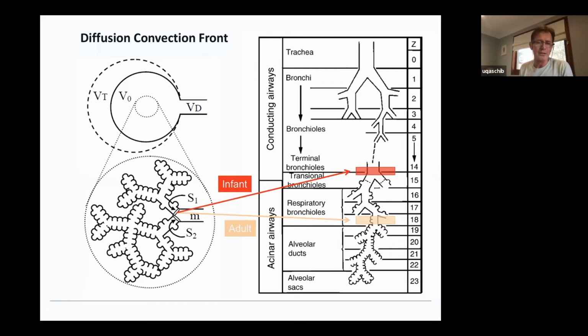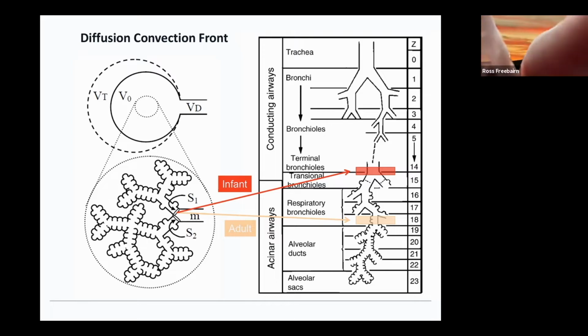So that's just a little summary of what I've been talking about: infants have a different location of that transition between convection and diffusion. The molecule comes in and moves with bulk flow, and all of a sudden that flow stops because there's no flow happening anymore, and the molecule now needs to keep moving with Brownian molecular movement, and it will take quite a long time to get to the alveolar space or the alveolar capillary membrane.